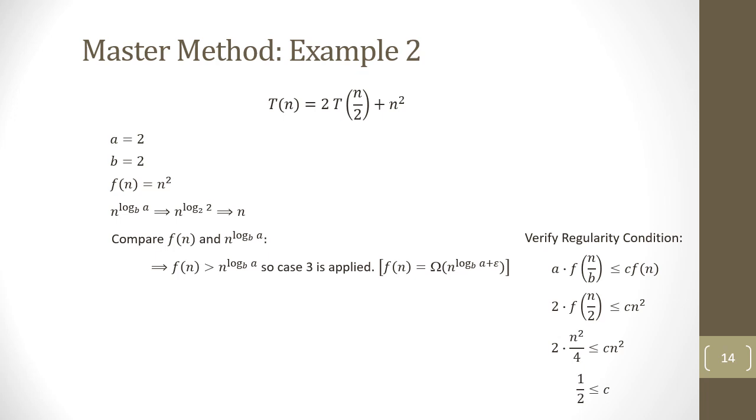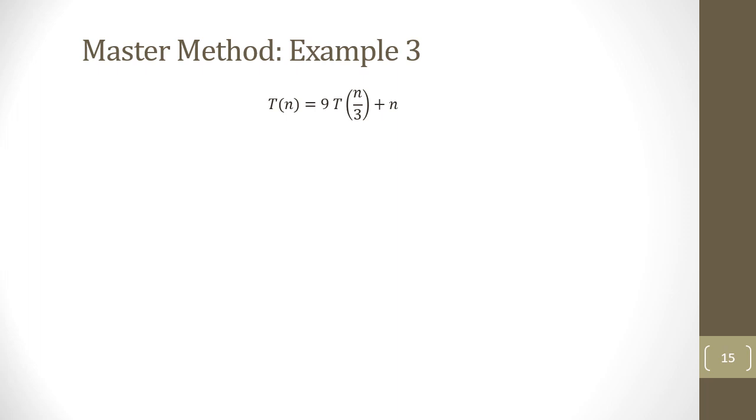For the regularity condition to hold, c should be less than 1, which is true in this case. So case 3 is applied, which states that T of n is theta of f of n. So in this case, it will be theta of n square. Hence, for this recurrence equation, T of n is equal to theta of n square.